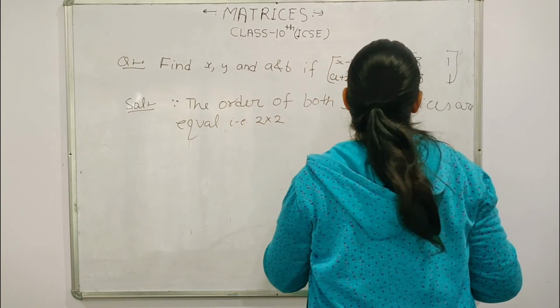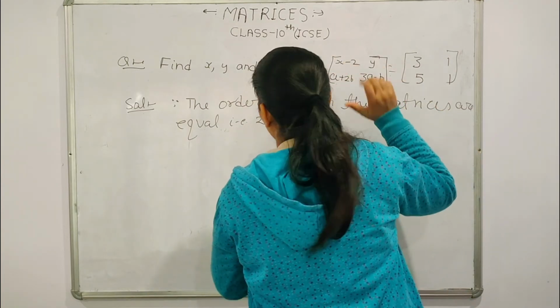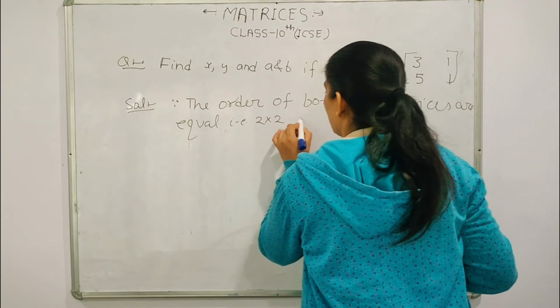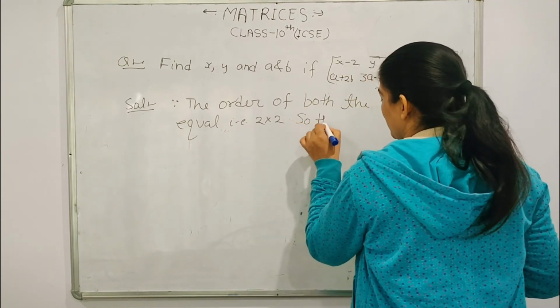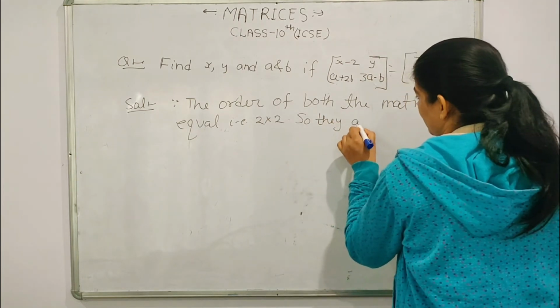You can see here the number of rows is 2 and the number of columns is 2. So the order is 2 by 2. So they can be compared, or you can say they are equivalent.